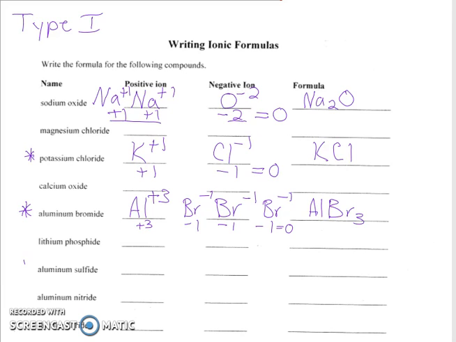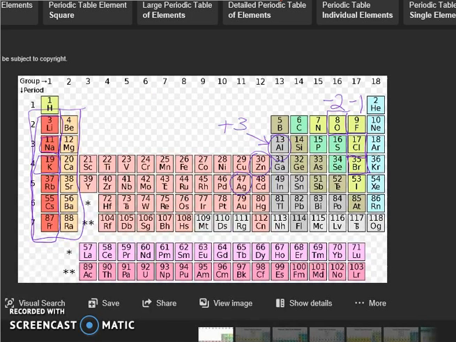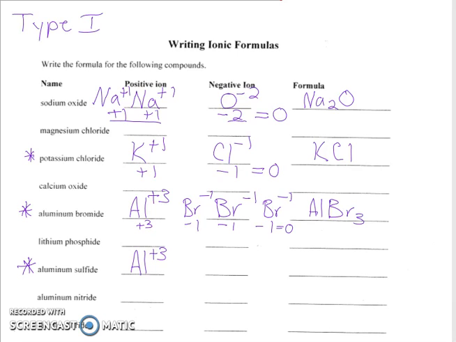When we do aluminum sulfide, again, we know aluminum loses 3, and we can look back to the periodic table and find sulfur. Sulfur is in the same group as oxygen, so it gains 2 electrons. So we can do sulfur with a -2. We have a +3 and a -2. We know that doesn't equal 0 yet.